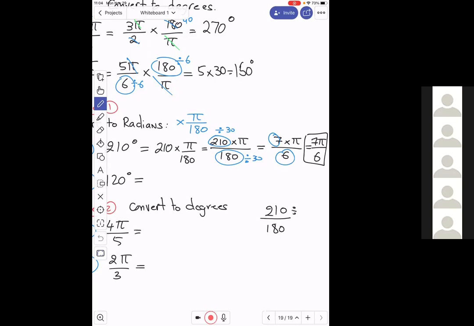I said, well, 21 and 18 both are divisible by 3, right? 21 over 3 is 7, and 18 over 3 is 6. Now there's a 0 here, so that makes them both divisible by 30. So I divided 210 by 30 and 180 by 30. So 210 over 30, that's 7. You see how I got the 7?